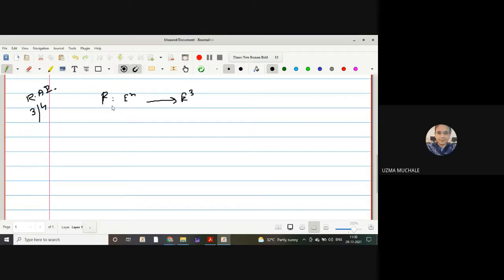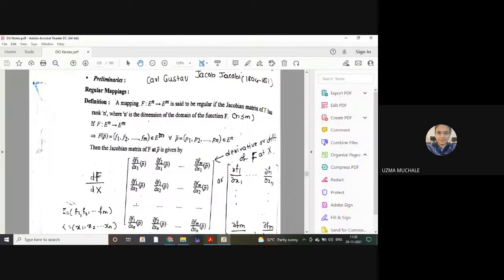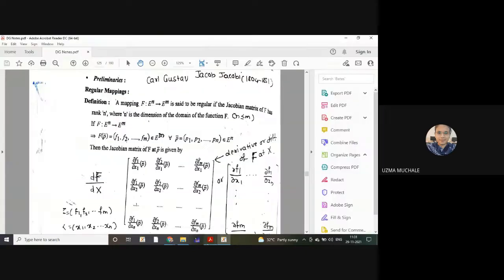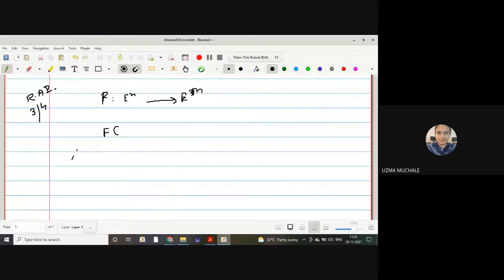Here, given a mapping from En to Em space, f of p is equal to f1, f2, f3 up to fm.